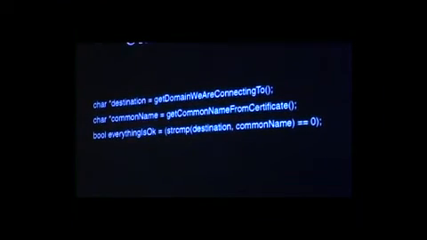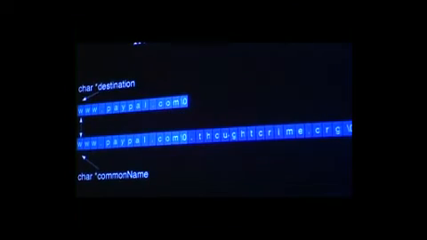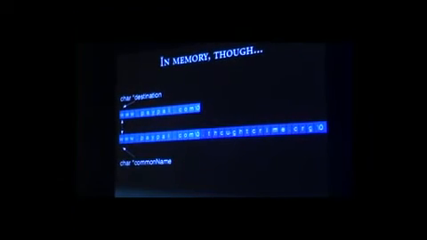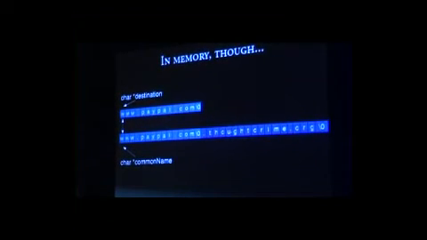Char destination is get domain we're connecting to. Char common name equals get common name from certificate. And then if everything is OK, those two will be the same. The way a standard C string comparison will go is like this. You have pointers to the first character in both strings, and the comparison function will look at the two first characters and say, are these the same?